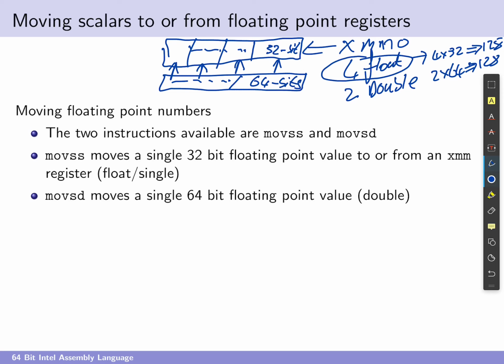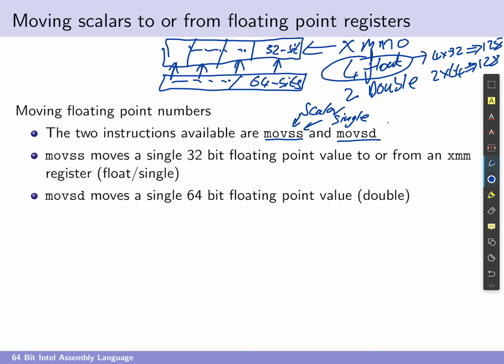So here we have 2 instructions for the XMM flavors of these instructions. We have MOVSS and MOVSD. So how do we interpret these mnemonics? Well, obviously MOV is our good old move. This S over here corresponds to scalar, and the last S there corresponds to single.